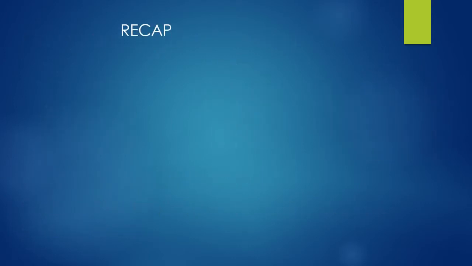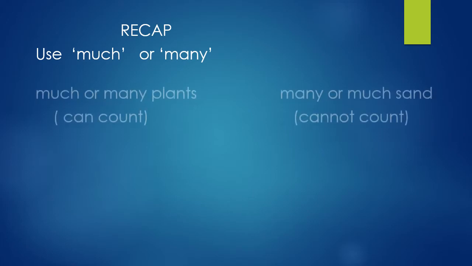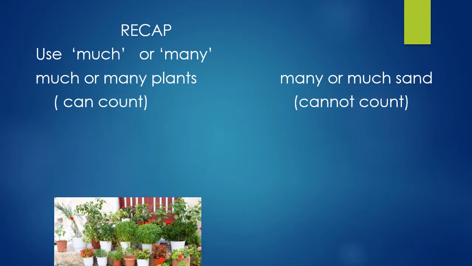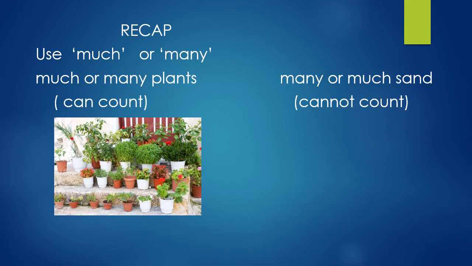Let's recap the lecture before doing exercise on grammar and usage book. We learned the use of much or many. There are many plants, as you can see. They are countable. We can count them in numbers.